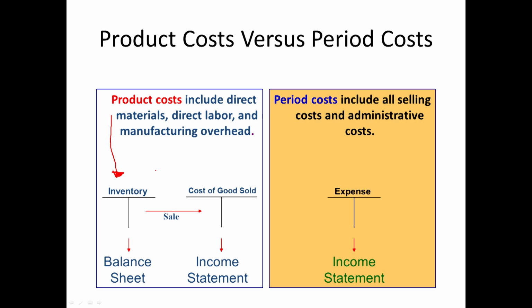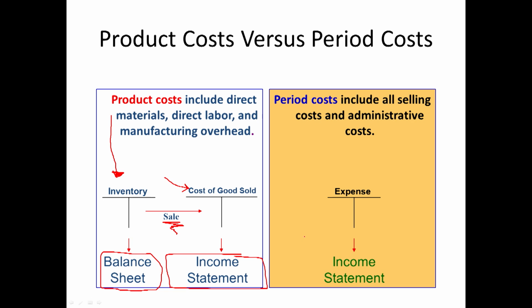Now, inventory accounts are assets, right? Assets are on the balance sheet. So those costs go into inventory accounts on the balance sheet for a while, and it is only if and when the product is sold that those costs move over to the income statement through the item of cost of goods sold.